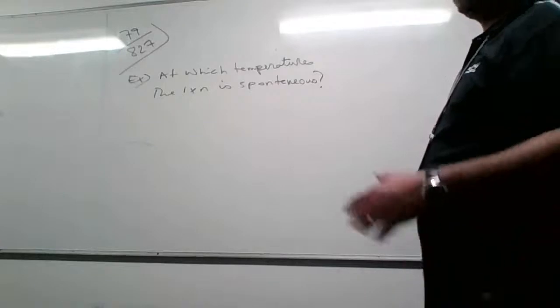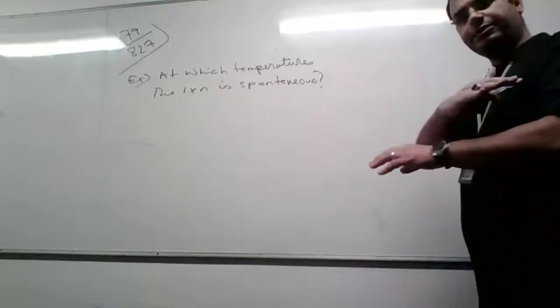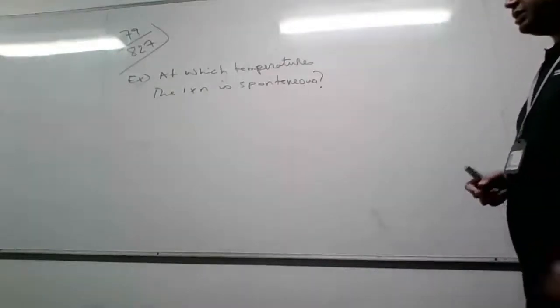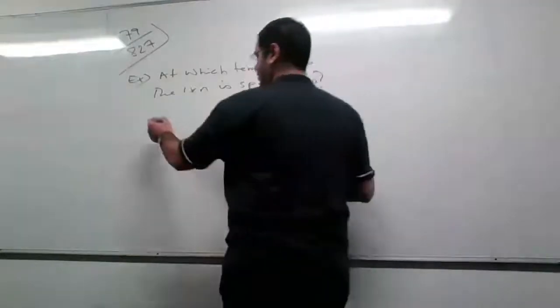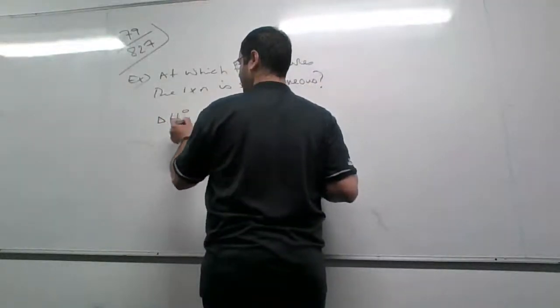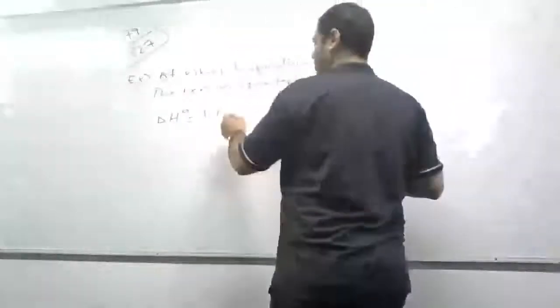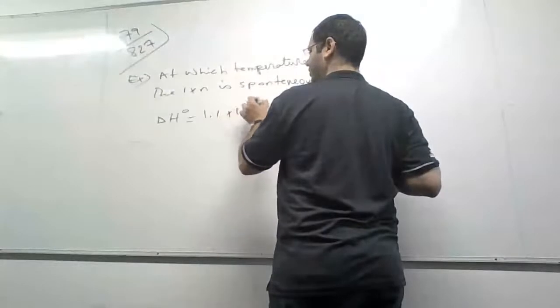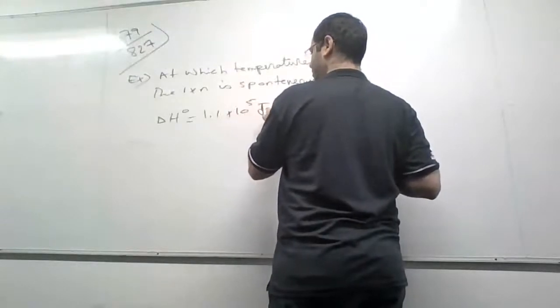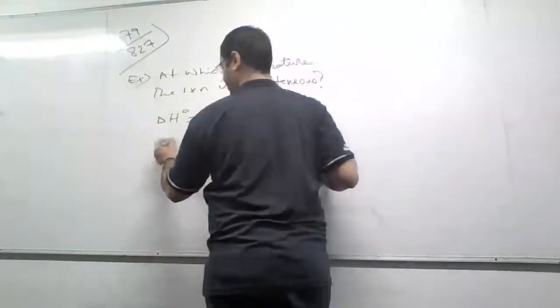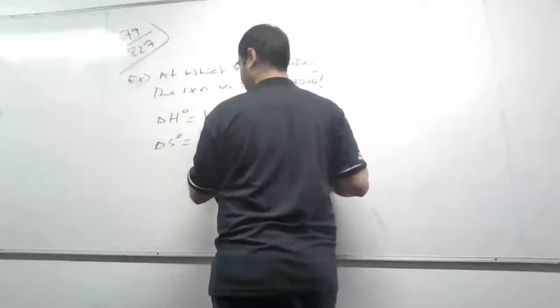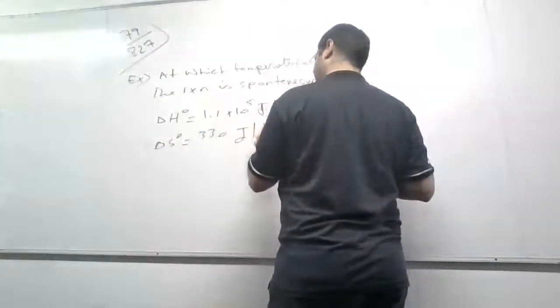Which temperatures, meaning the range, greater than or less than. Don't forget you have the value of delta H naught. What's the value of delta H naught? 1.1 times 10 to the power 5 joule per mole. And delta S naught is equal to what, guys? 330 joule per Kelvin mole.